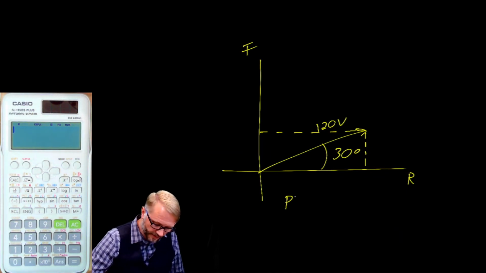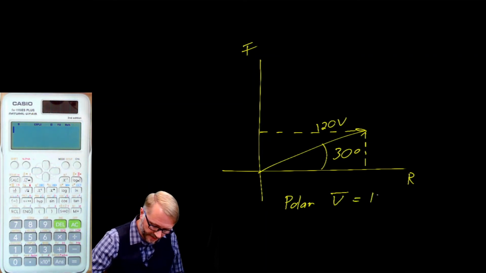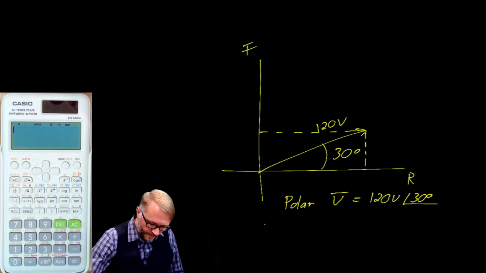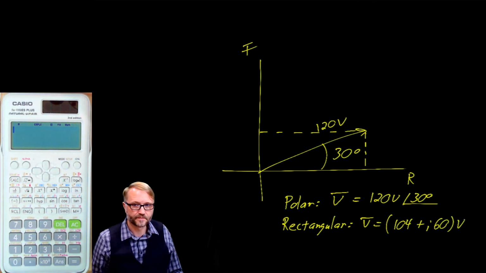In the polar form, we would describe a voltage, we're going to put a bar over the top to signify that it's a vector, is equal to 120 volts at a phase angle of 30 degrees. In rectangular form, we describe a voltage that is 104 plus J 60 volts.